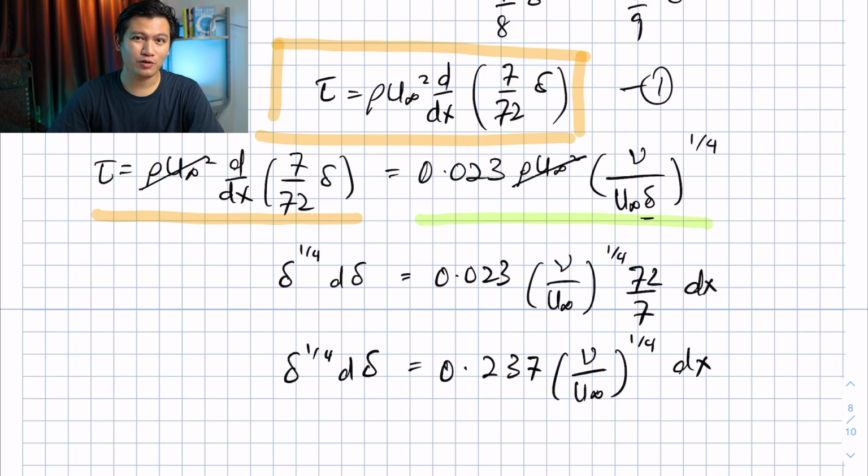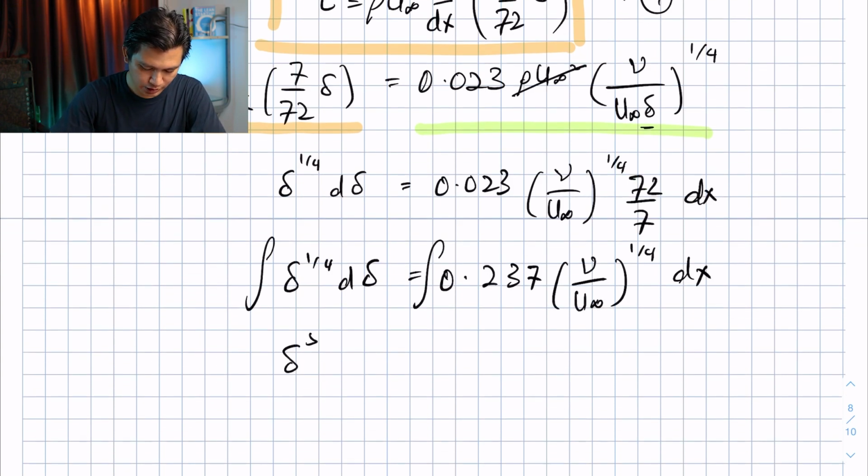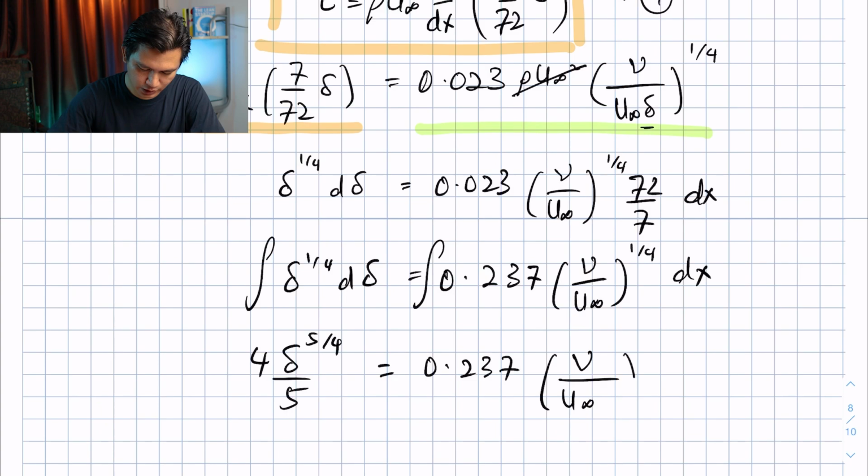Okay, and I think it's quite obvious what you're going to do next, which is to integrate both sides. So you will end up with del to the power of 5 over 4 divided by 5 times 4 equal to 0.237 nu times u infinity 1 over 4 x.